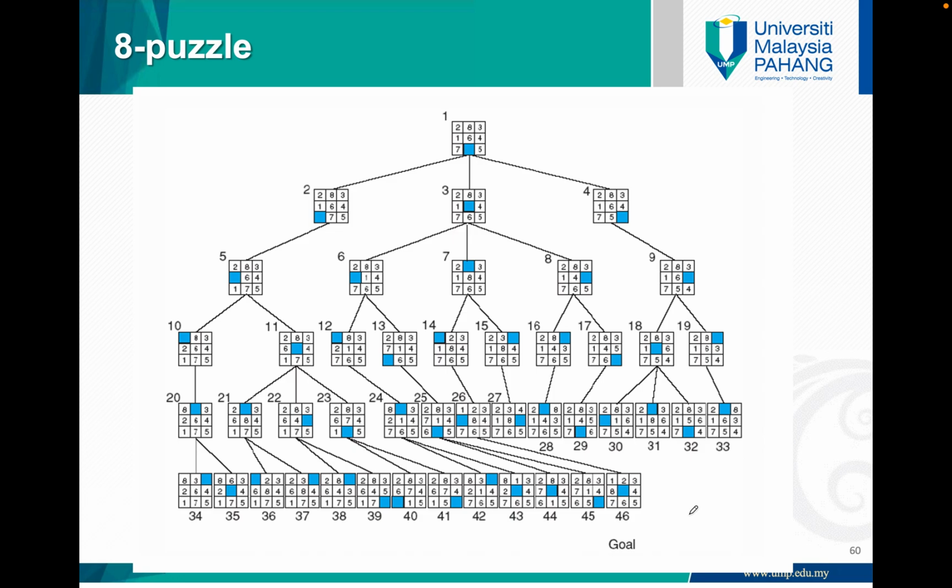For the implementation of this, we use a last in first out queue or stack, or the short form is LIFO, last in first out. So it enqueues nodes in LIFO order. Let's take a look at the example here.